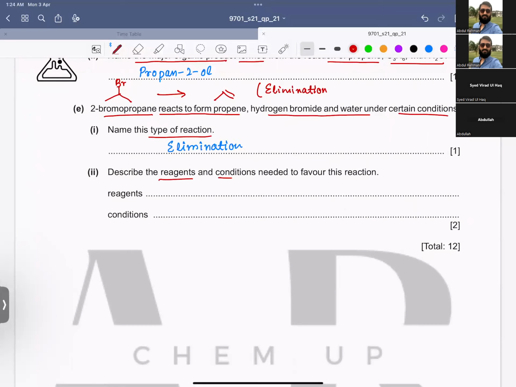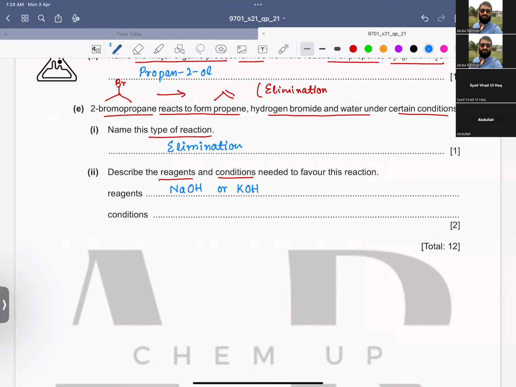Describe the reagents and conditions. So if you recall, can anybody recall that reagent? Sodium bromide. No. We react it with sodium hydroxide or potassium hydroxide. And if you recall, we say ethanolic sodium hydroxide or ethanolic potassium hydroxide.